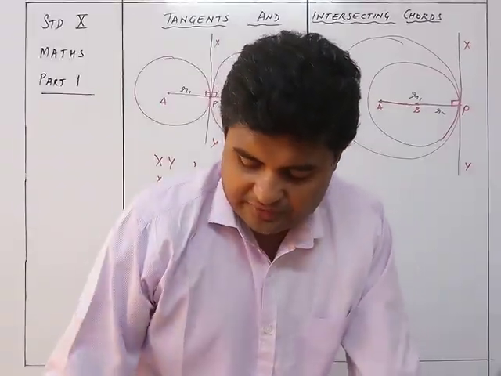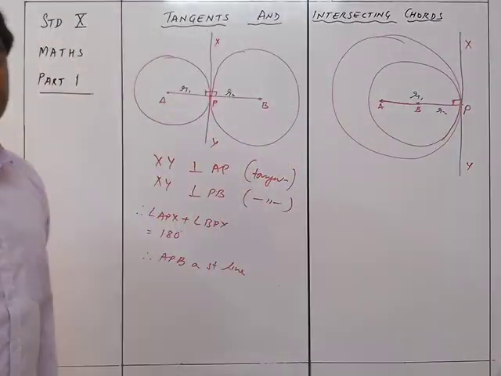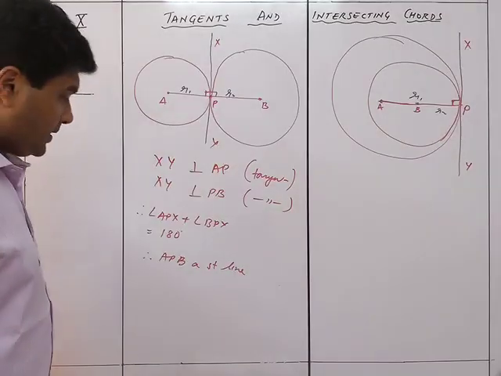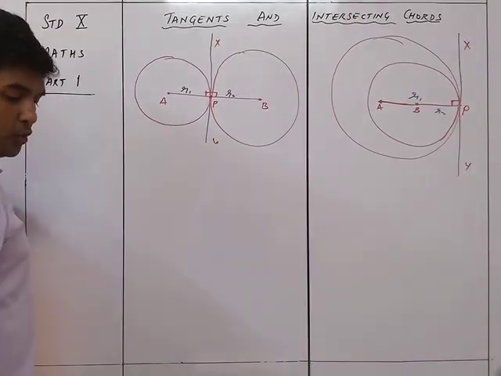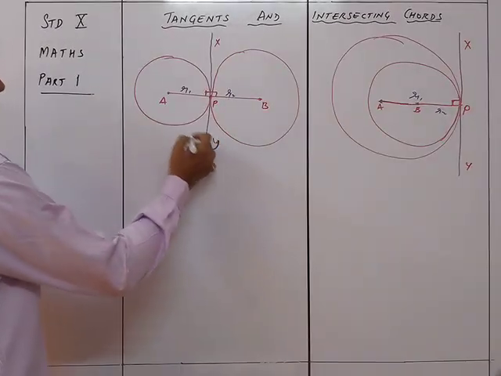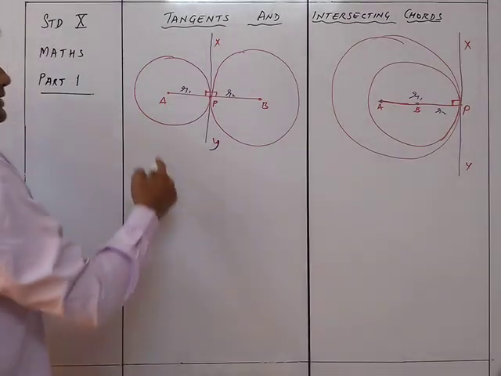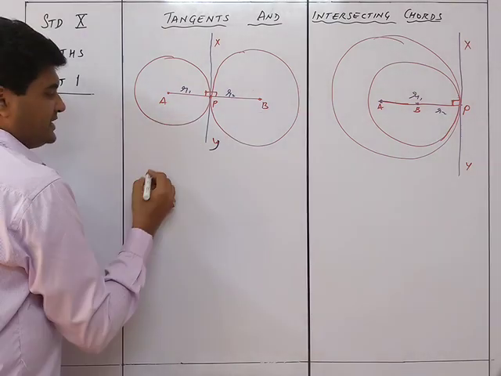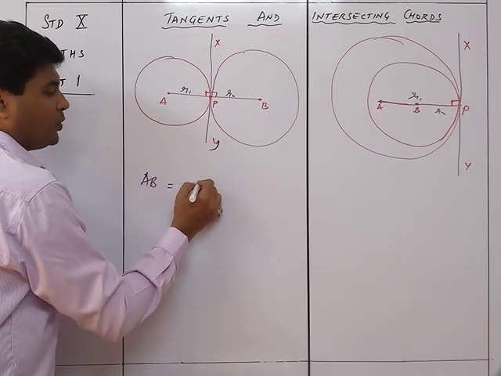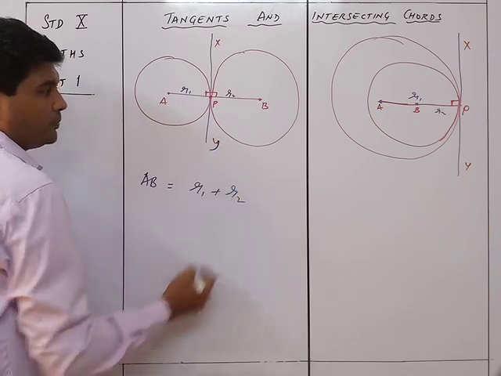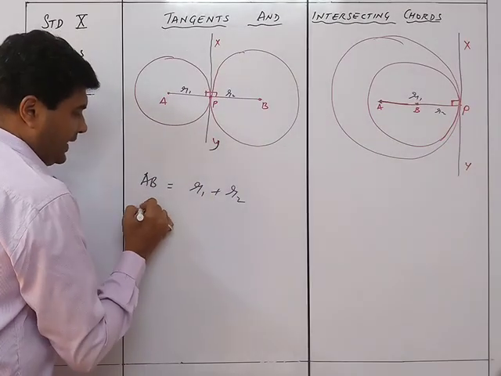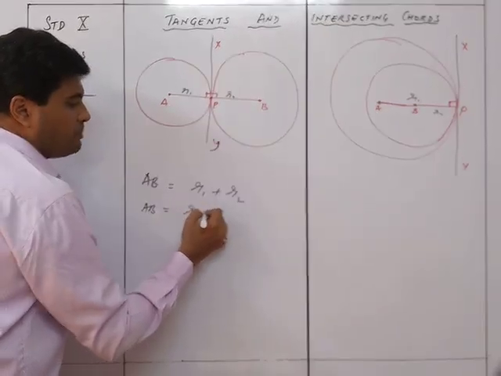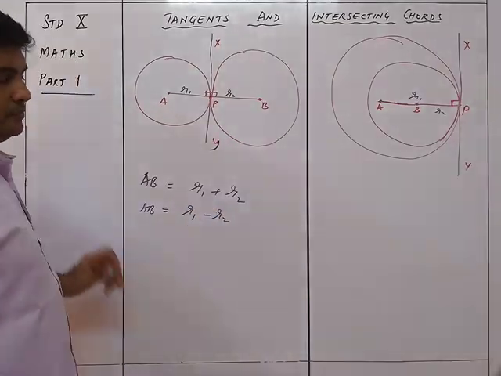But this also gives us one important derivation, or you can say a result, and that result is this: when two such circles are intersecting at a point, then the distance between the two centers, that AB, will be equal to R1 plus R2. Whereas if it is internal, then AB will be equal to R1 minus R2.